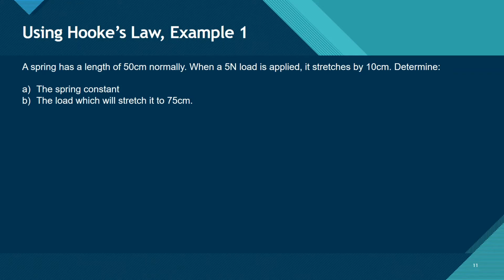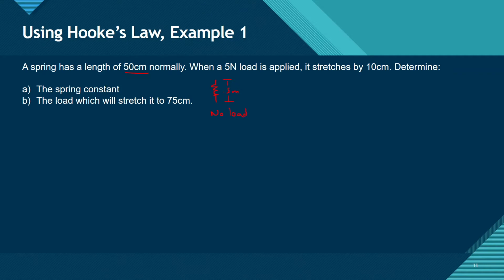With all physics problems, before you do any calculations, just establish what was given. So you have a spring that is 50 centimeters normally. Always work in your standard unit, so we're going to change this to meters, so that would be 0.5 meters, and that's when there is no load.